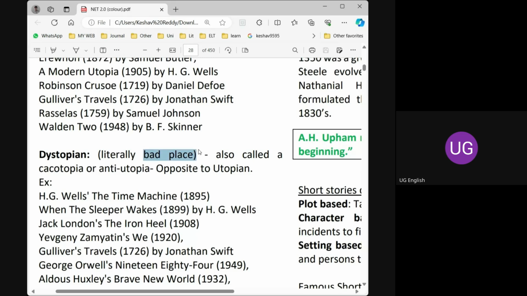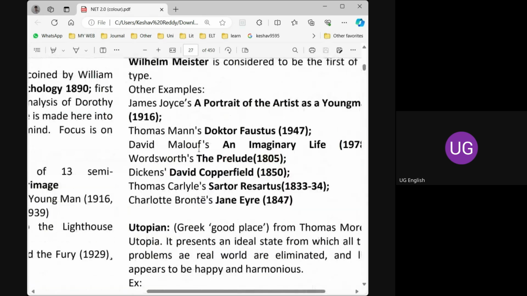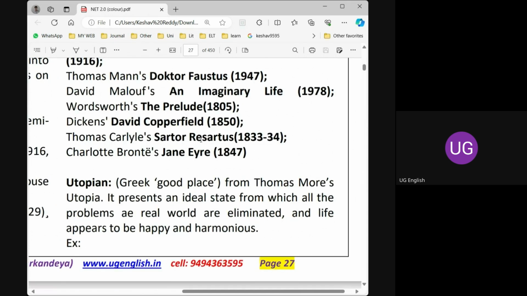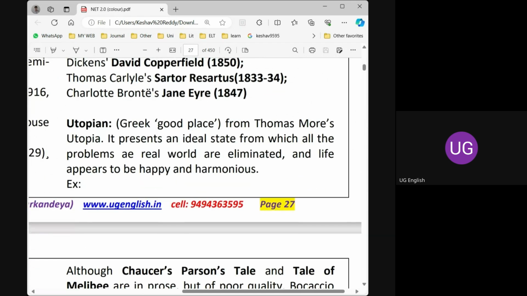It is opposite to the utopia. So now we'll discuss what is utopia. Utopia is a famous novel by Thomas More, and very, very important. Utopia, in other words, means an ideal place, a good place.